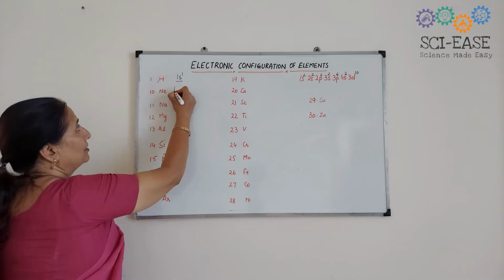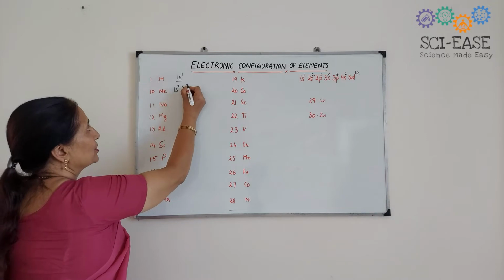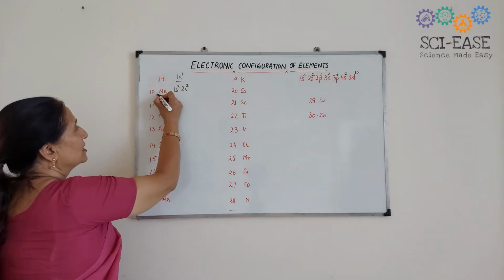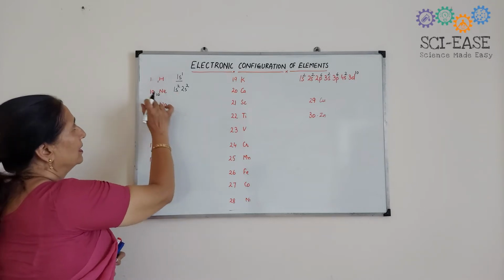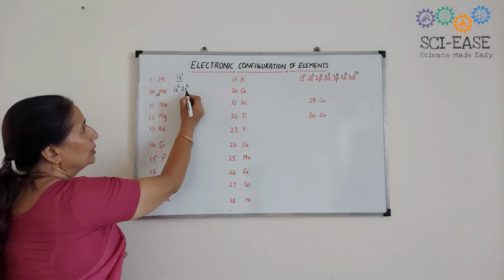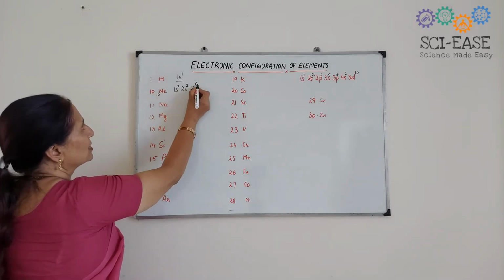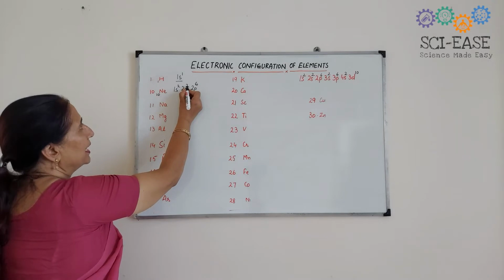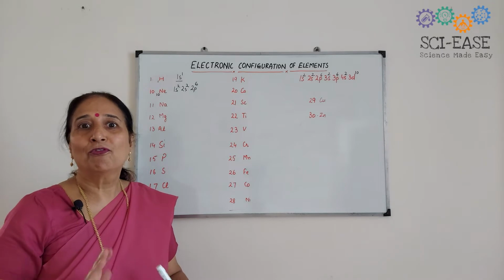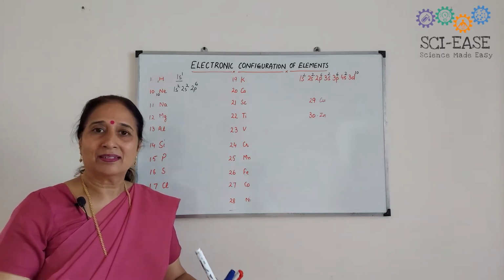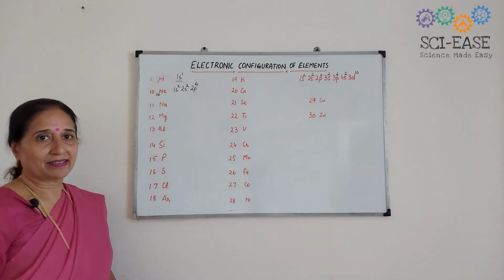It will have 1s2, 2s2, 2p6, 10 electrons, atomic number 10. So 2p6: 6, 8, 10 electrons. So neon will have fully filled p subshell, and its electronic configuration is this.